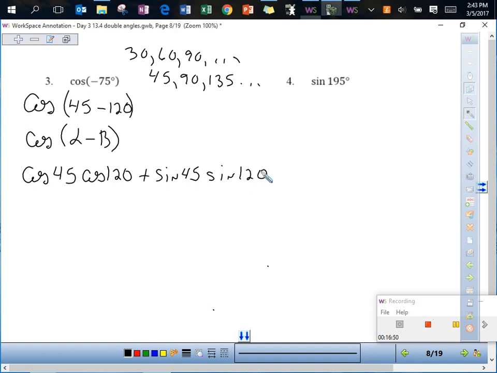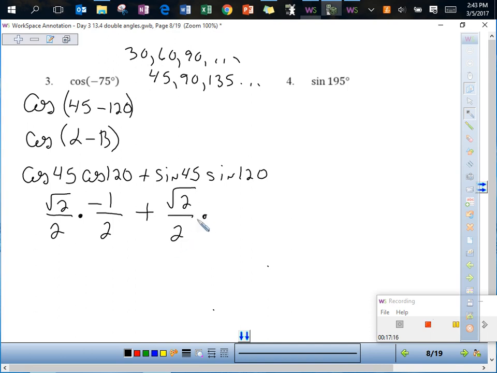I'm not even going to launch my calculator, because if you go cosine of 45, you're going to see 0.707. So radical 2 over 2. If you hit cosine of 120, you're going to see negative 0.5. If you hit sine of 45, you're going to see 0.707.